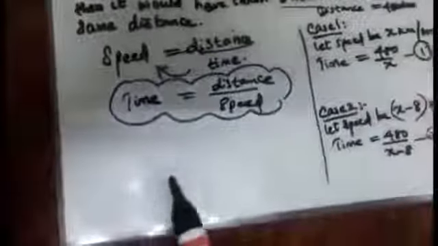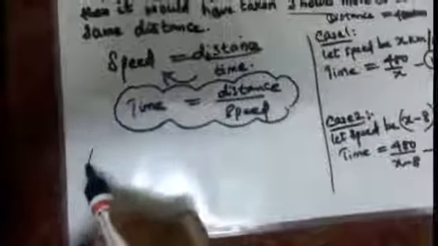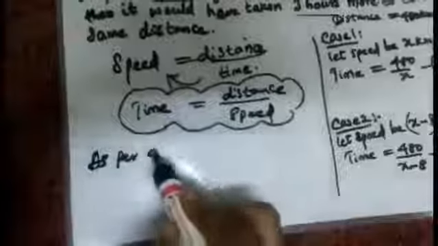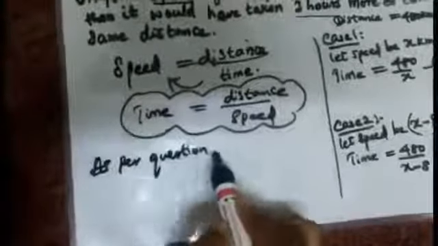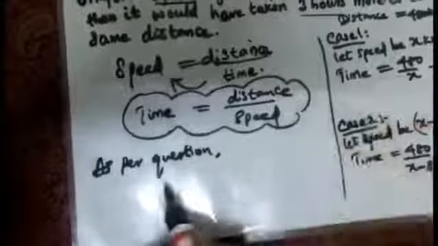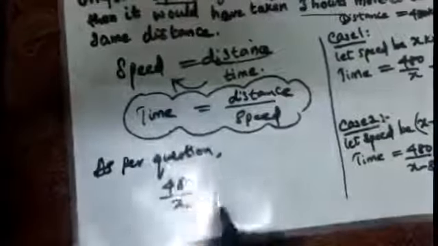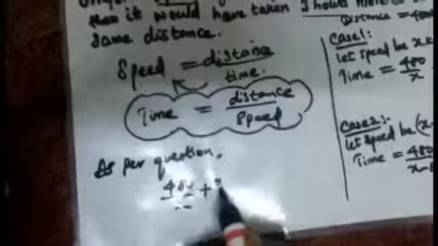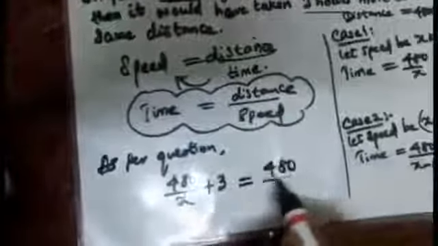How many hours is it taking extra? 3. So I am writing as per the question: in general the time is 480 by x, and it will take 3 more hours if the speed is decreased by this.